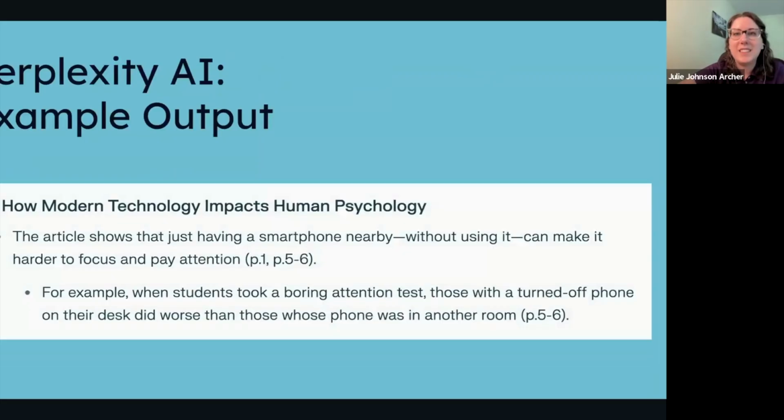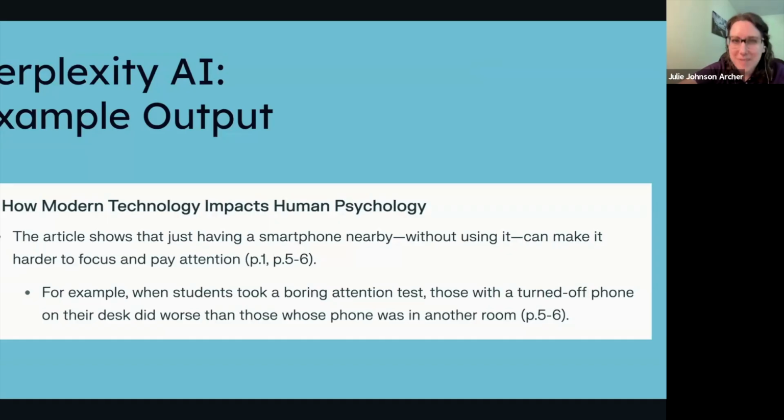For comparison, the title of that article I used, it's a real article, is "The Mere Presence of a Smartphone Reduces Basal Attentional Performance." Did you get that? You might, but an undergrad student might hear that and it goes in one ear and out the other.